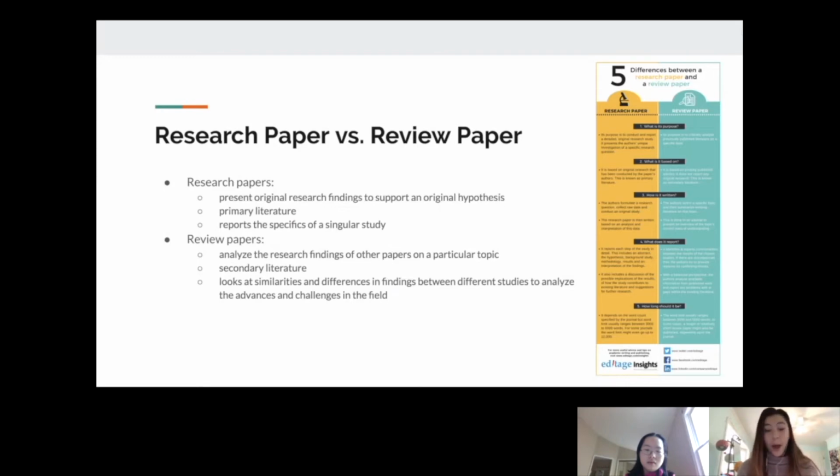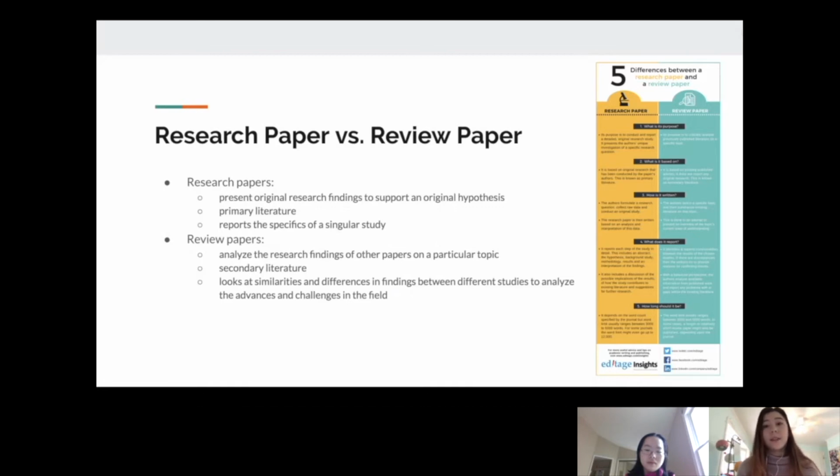So there's no hypothesis or specific study that is discussed. Rather, many existing papers are referenced and their findings are compared and analyzed. This is considered a secondary source because it's not presenting original work. Essentially, it provides an overview of a specific topic and looks at many studies that have been previously published.